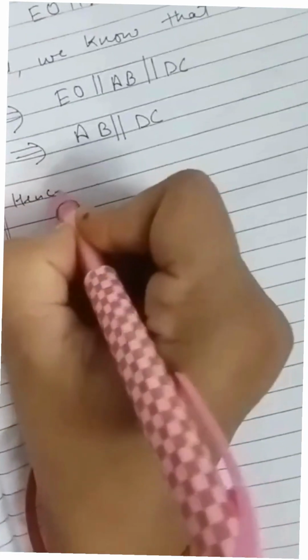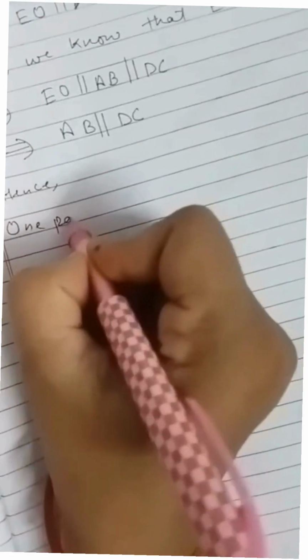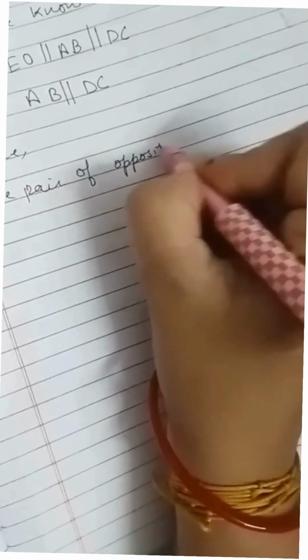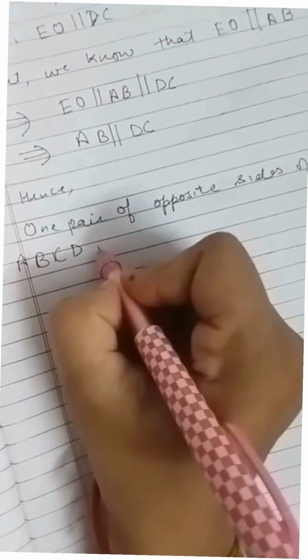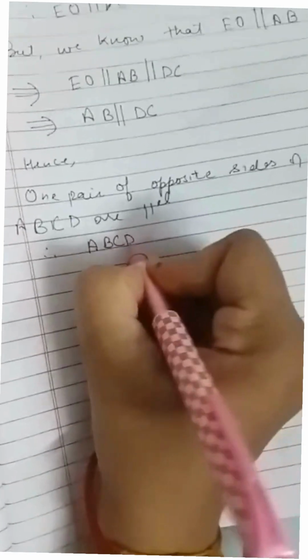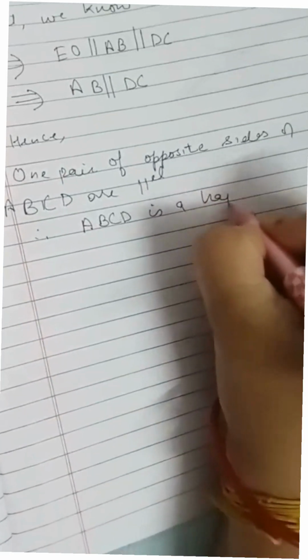Hence one pair of opposite sides of quadrilateral ABCD is parallel. Therefore, when this condition is satisfied, ABCD is a trapezium. Hence proved. Thank you.